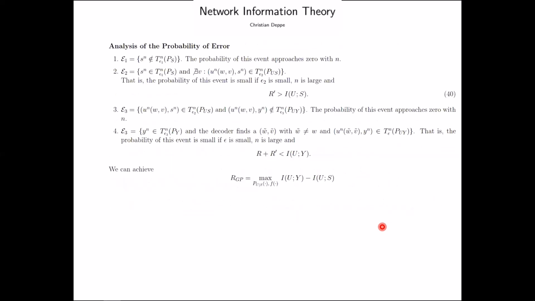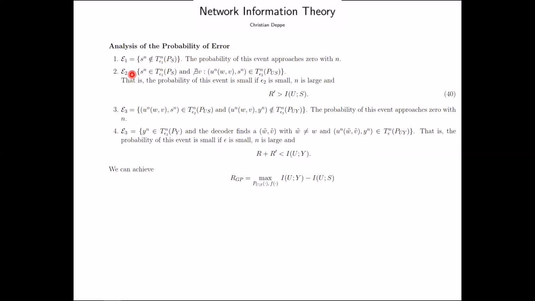What was the idea of the proof? In the proof, we also go through the different events. The first event is that the state sequence is not typical, and we know that this probability goes to 0.